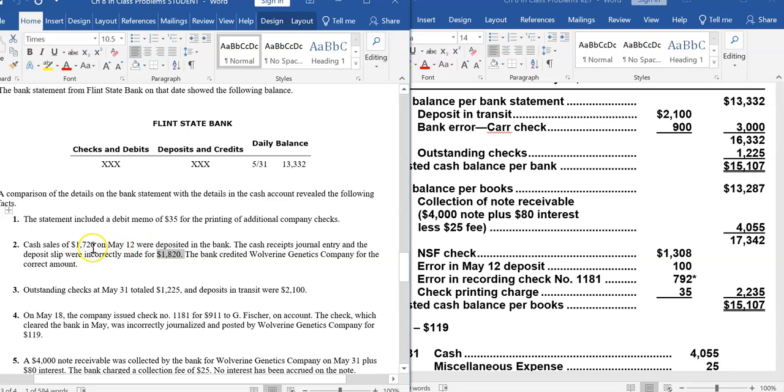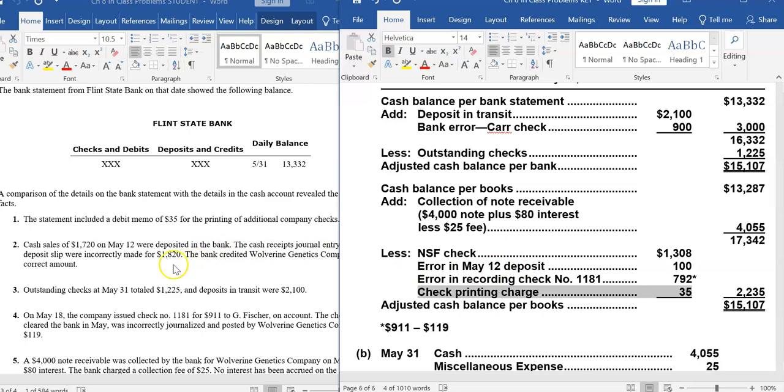That means the books have not corrected that error yet. We need to record this error as an adjustment on the book side. There was a $100 error. We recorded the deposit for $1,820. The deposit should have been recorded for $1,720. We recorded too much of a deposit. We increased cash too much. So we need to decrease $100 from the book portion of the reconciliation.